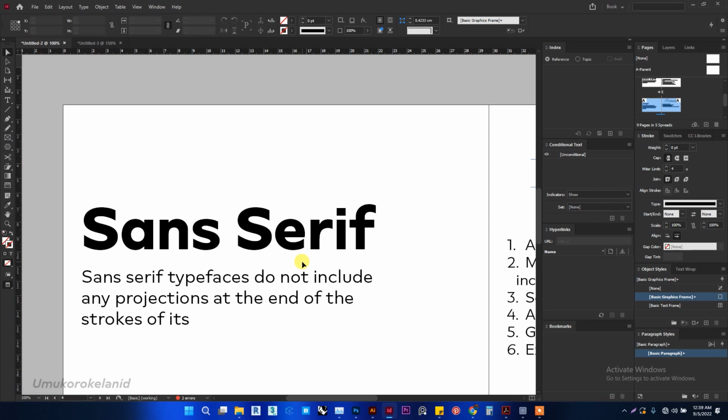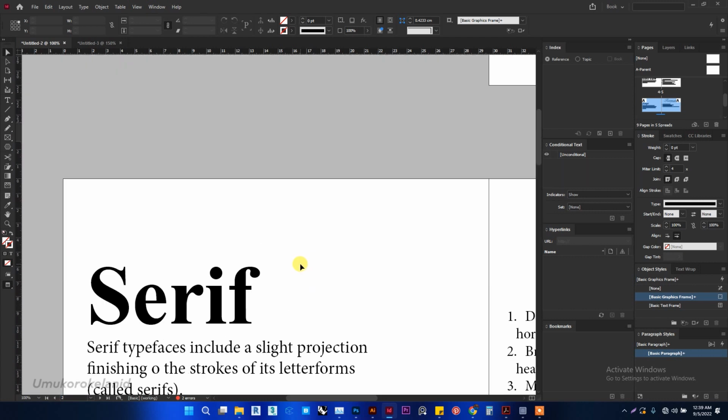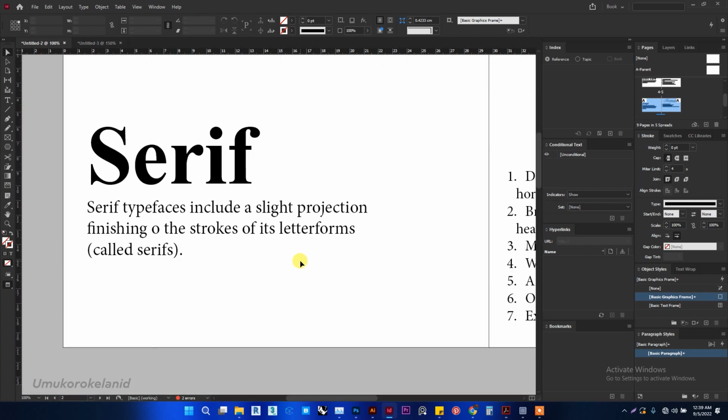Sans serif are also formal, and can at times be casual too, but most times they are used for formal presentations. They are modern, as we know. Serif typefaces too can be used as headers, and they can also be used as body copy.